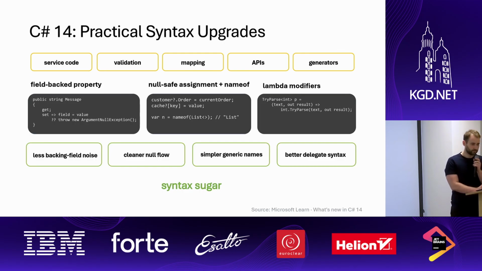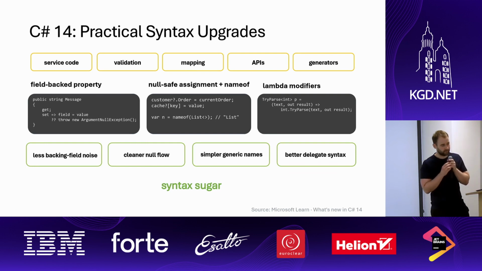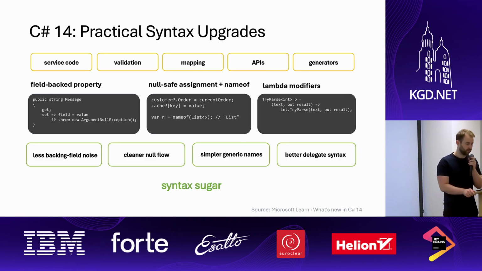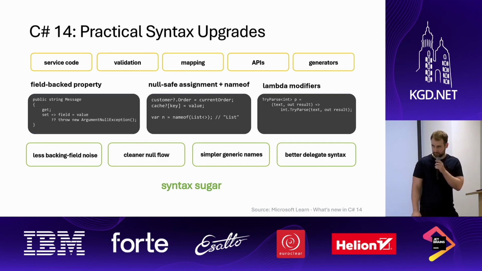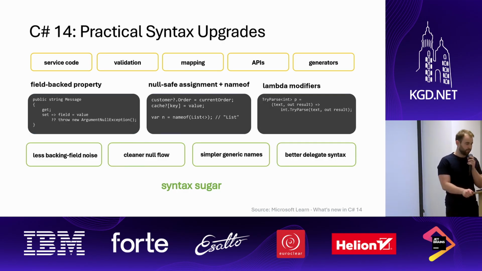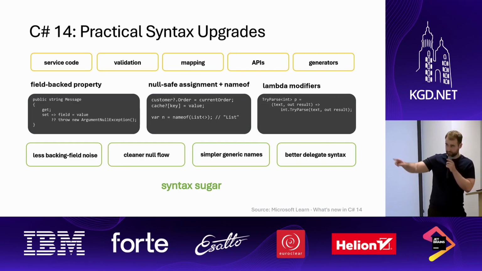So they call it that it removes boilerplate. So, for example, field-backed properties are a good example. You can add validation or normalization in the accessor without manually declaring a separate backing field. Also, what I liked here a lot, that now we can have JavaScript-like null-safe assignments, yeah, like there.